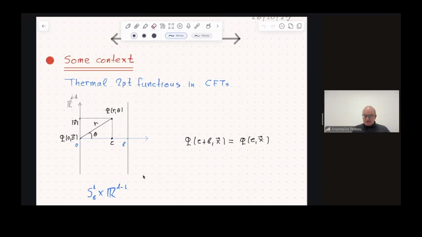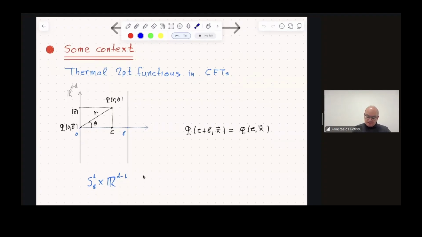So the simplest thing to do is to have scalar fields in a space-time which is the thermal space-time S1 cross R^(d-1). One of the scalar fields is located at the origin, the other is at some distance r. So I'm just explaining here things that everybody here probably knows, and imposing in the simplest case periodic boundary conditions on the fields.